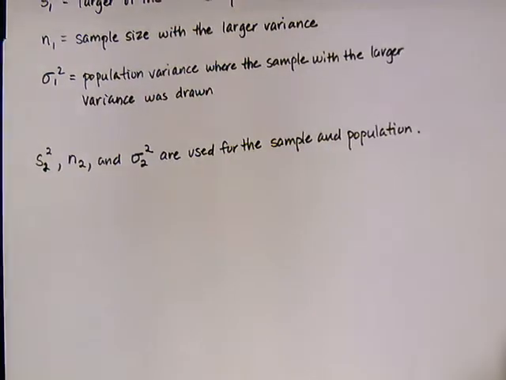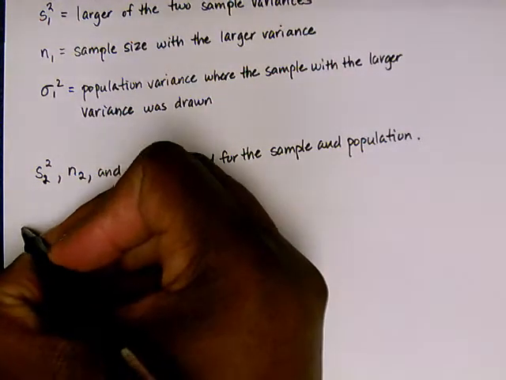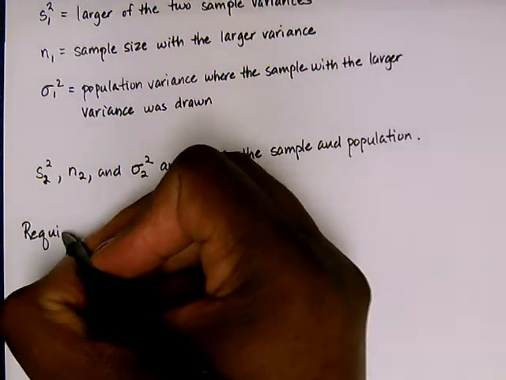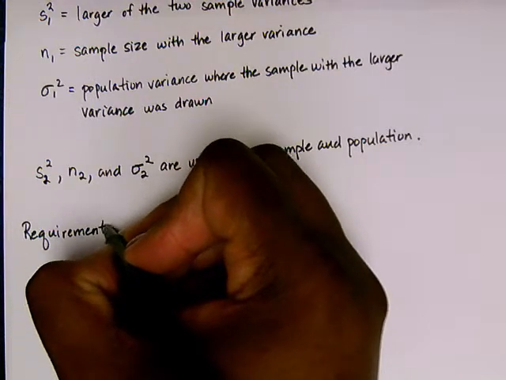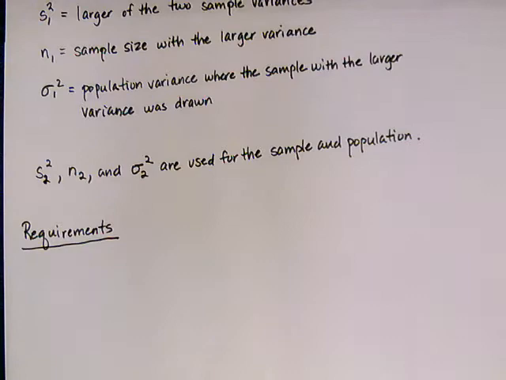Now, there are three requirements for doing the hypothesis test for two variances or two standard deviations. And by the way, in the last few videos that we did for Chapter 9, we've had to do a hypothesis test and also a confidence interval estimate.